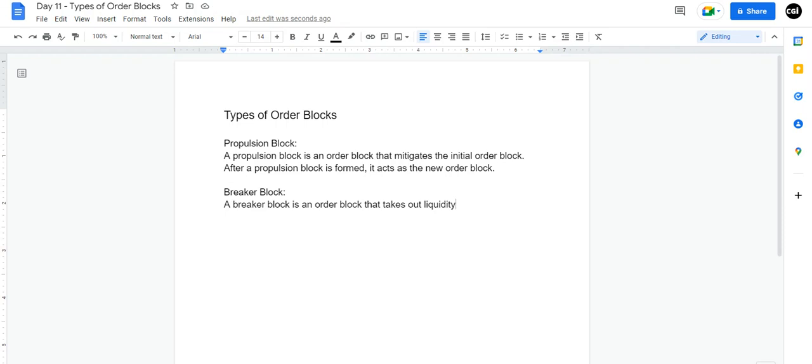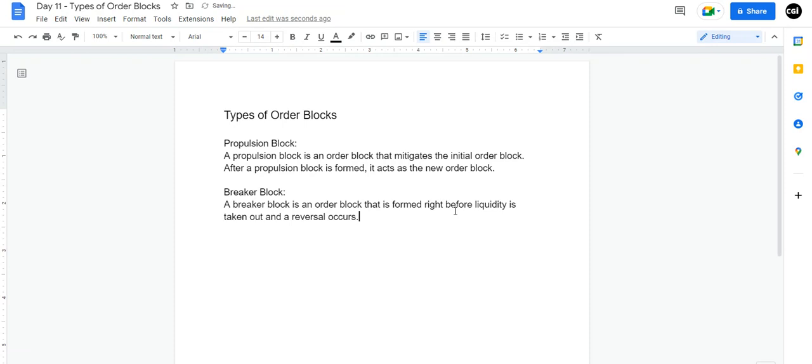Then another block is formed right before liquidity is taken out and a reversal occurs.